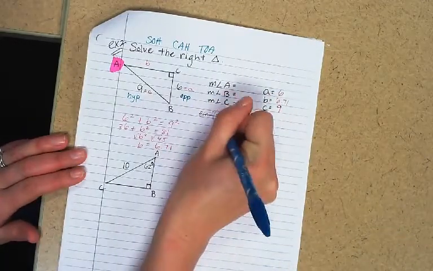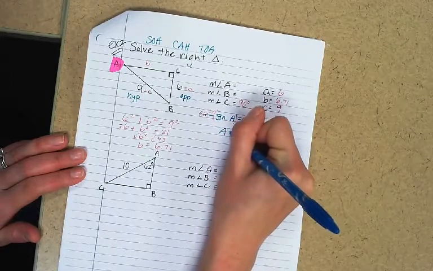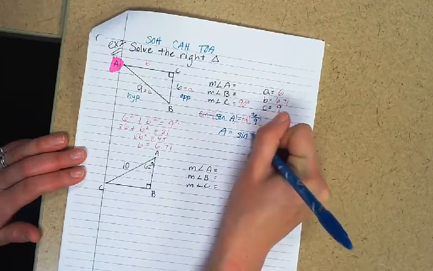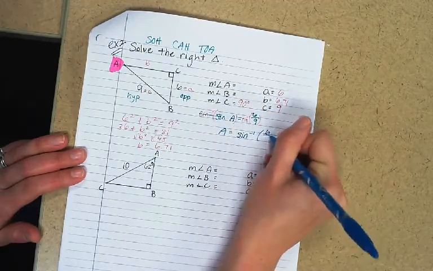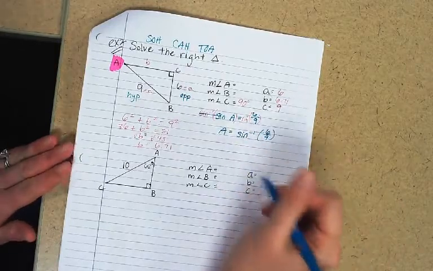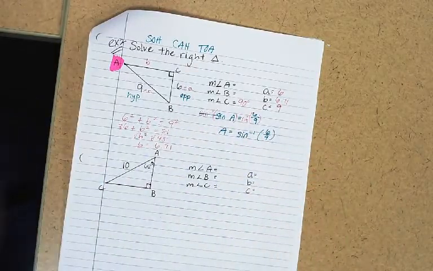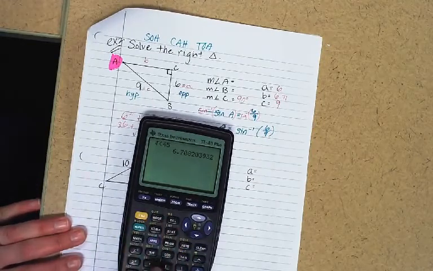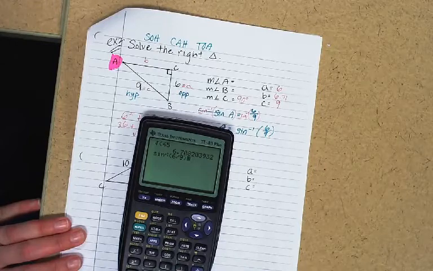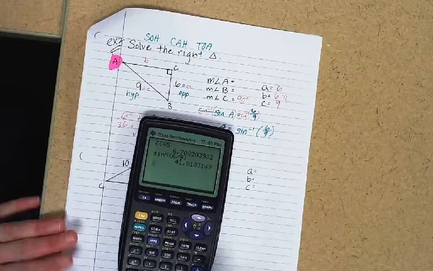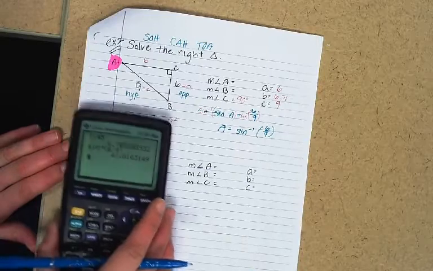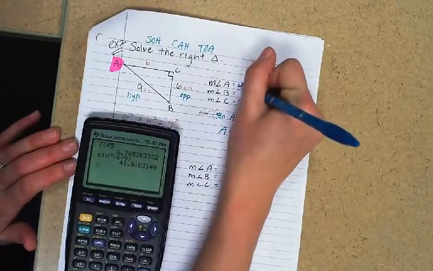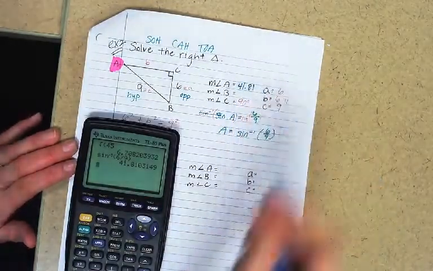So these cancel, and we get that A is the sine inverse of 6/9, which you could have simplified if you wanted to. Sine inverse of 6/9 is 41.81 degrees. So the measure of angle A is 41.81.